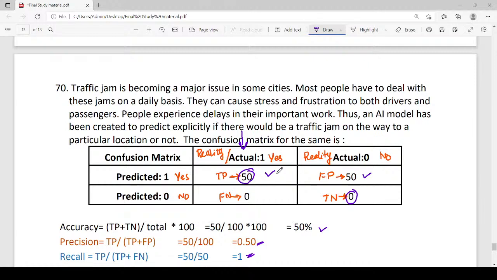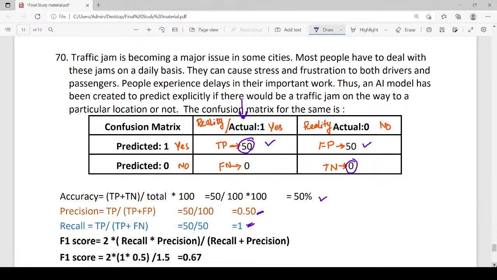Avni has given it as 0.66, Hridan 0.66, Mohit, Sol, all of you giving the answer as 0.66, Aaron, Shambhavi, Rihanna, Nisha. Yes, let me scroll down and see the values. Yes, exactly. Everyone nailed the correct answer. 2 multiplied by recall into precision divided by recall plus precision. So here we are getting the answer as 0.67.